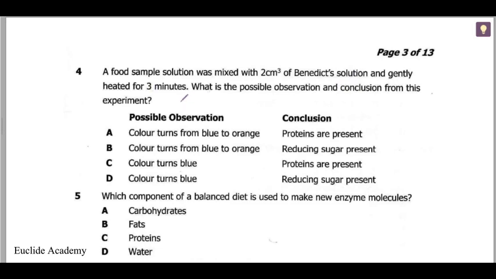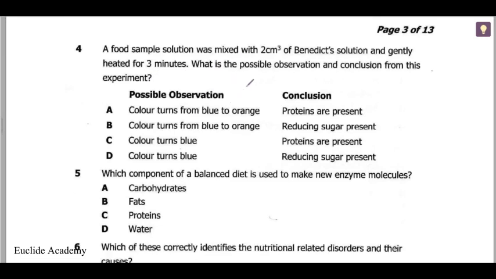Now, you have the full information to answer this question from the previous lab preparation lesson we did, which helps you to know the test for Benedict, biuret, iodine solution, and distilled water.